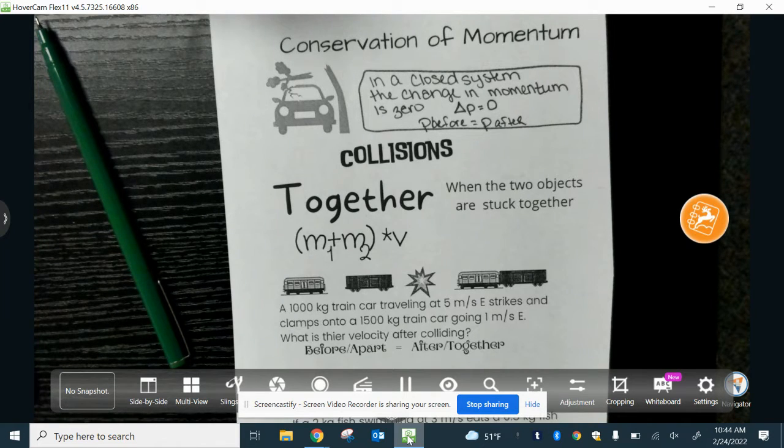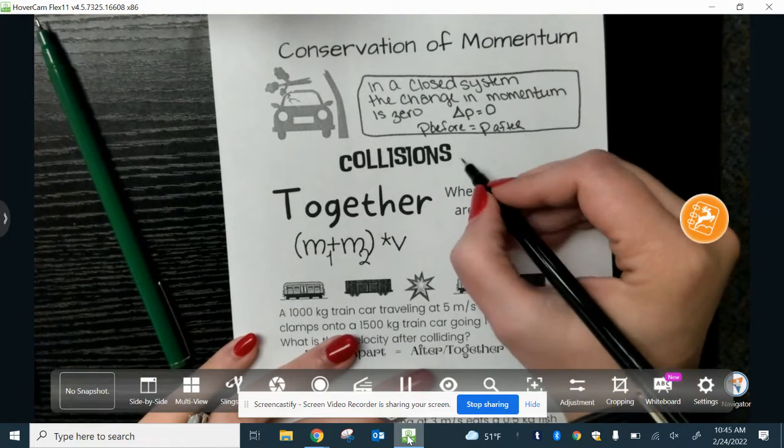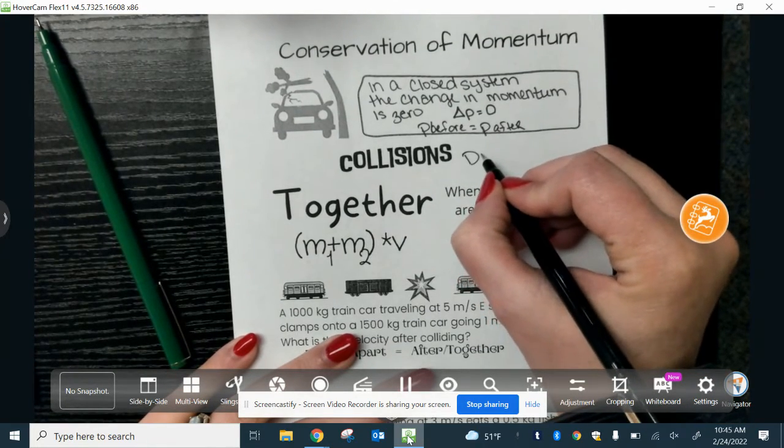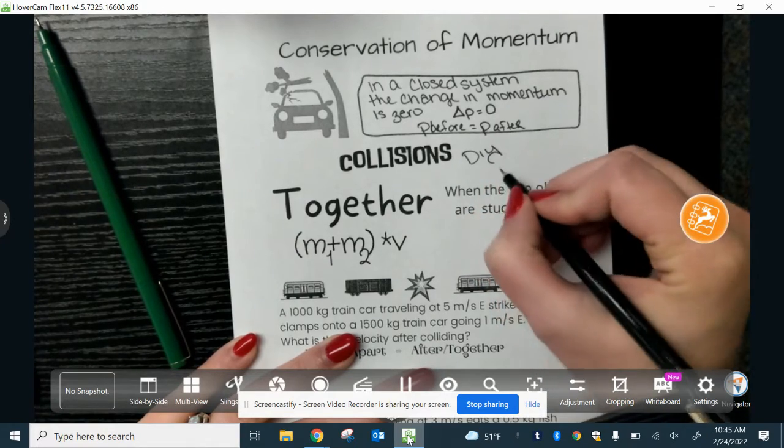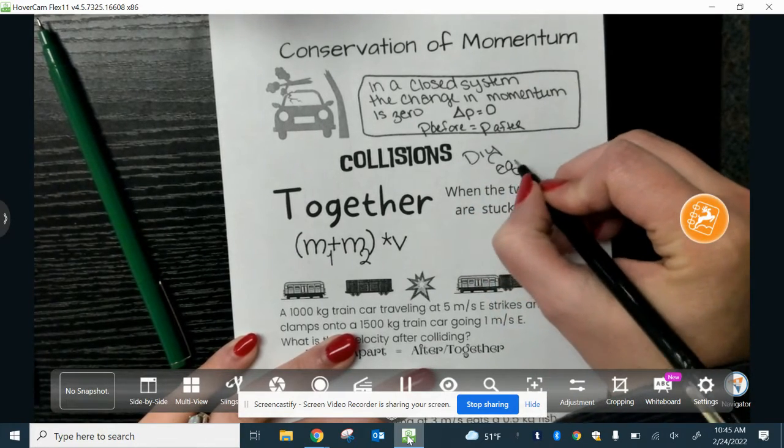So this week we talked about apart collisions. That is where you have two separate things that collide and then they go however they're going to go afterwards, on their own. They are not attached. Today we're going to talk about when they're stuck together. The important thing with dealing with collisions is collisions are basically what we call a DIY equation.